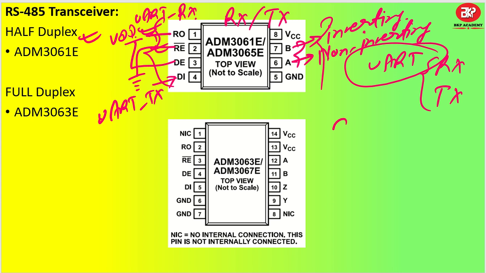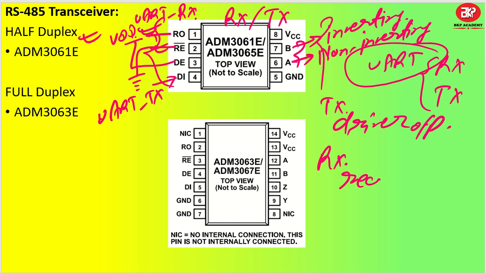When this transceiver IC is working as a receiver, with the receiver enabled, A and B will be acting as receiver input. So AB will act as an input. This is what half duplex was.